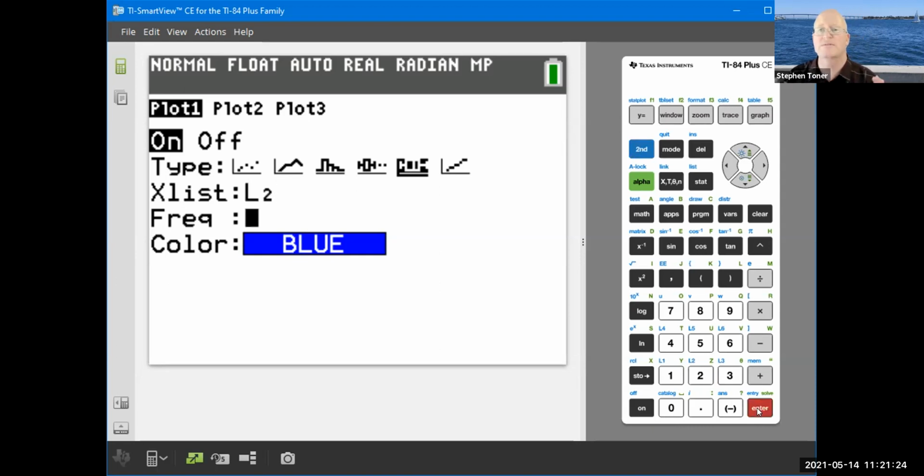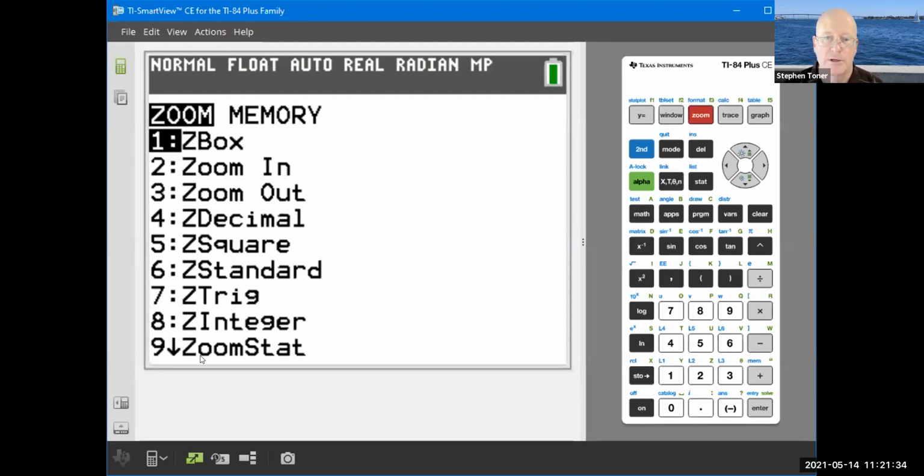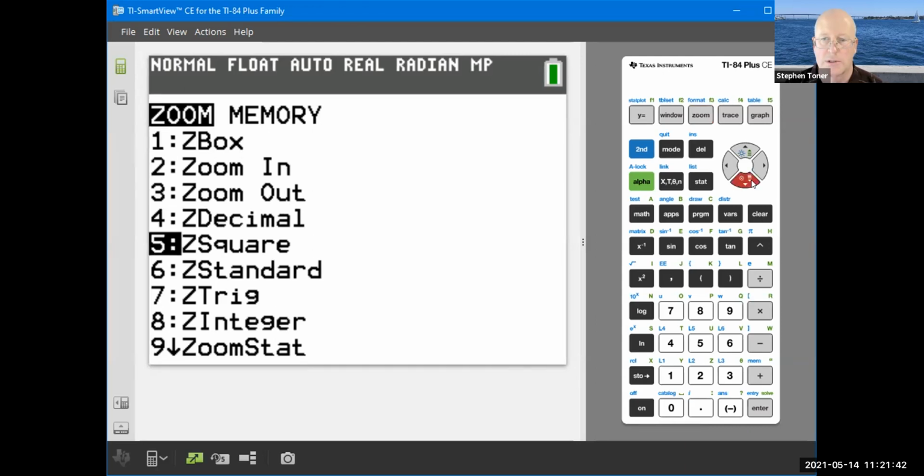Now, in order to view your box plot, you are going to hit the zoom button on the top center of your keypad beneath the screen, and then you're going to choose choice 9, zoom stat. You can either hit the 9 button, or you can scroll down to number 9 to select it.